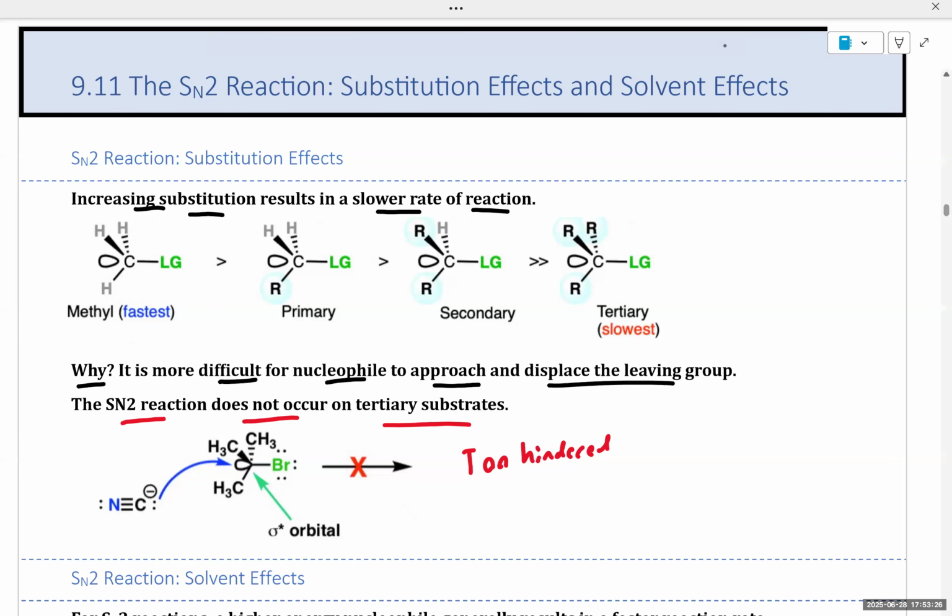So if your nucleophile tries to approach, it gets blocked by the high substitution around the carbon sigma star orbital. So the more substituted your carbon becomes, the slower the rate of reaction. And if you try to run an SN2 reaction on a tertiary substrate, you won't see appreciable reaction, at least via the SN2 pathway.